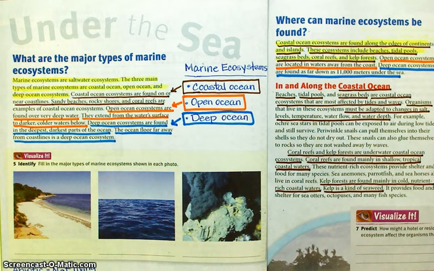Open ocean ecosystems are found over very deep water, and they extend from the water's surface down to darker, colder waters below. But then the very bottom of the ocean, where it's really deep, we're going to call that deep ocean ecosystems. Those are the deepest, darkest parts of the ocean.